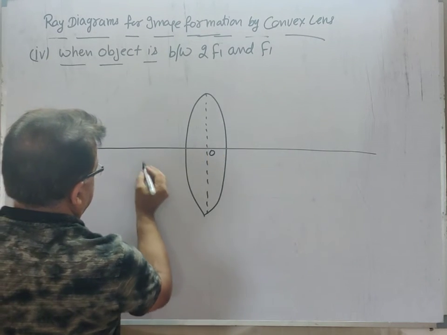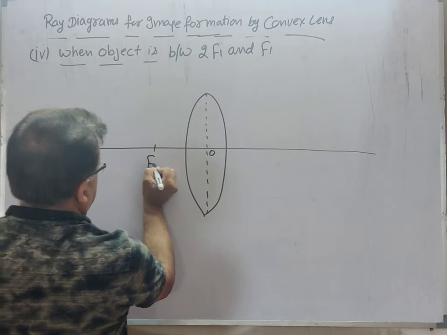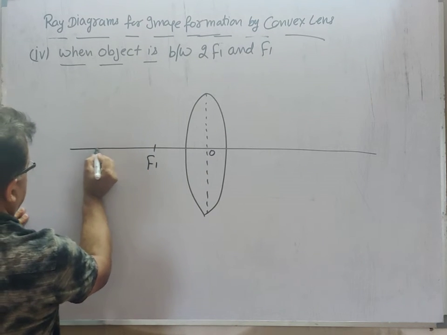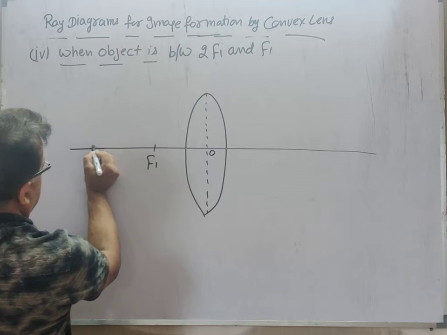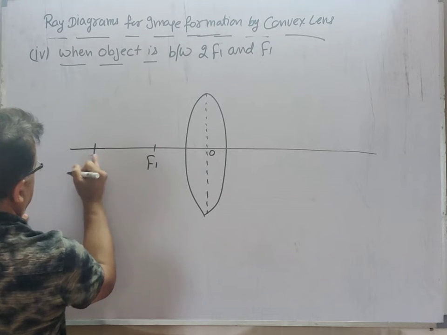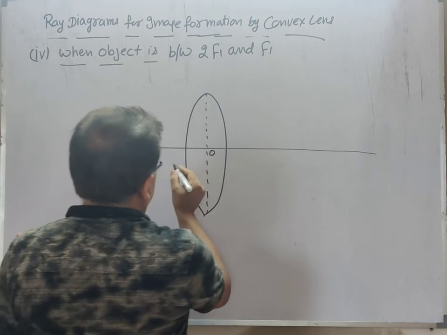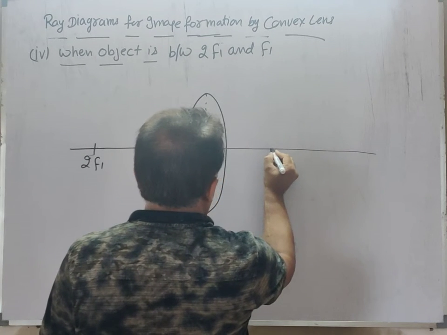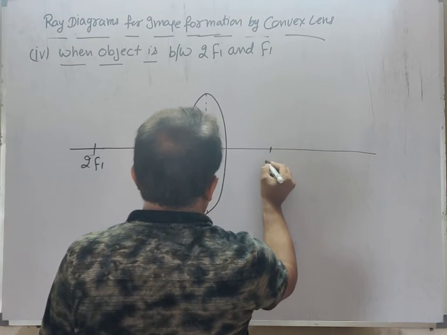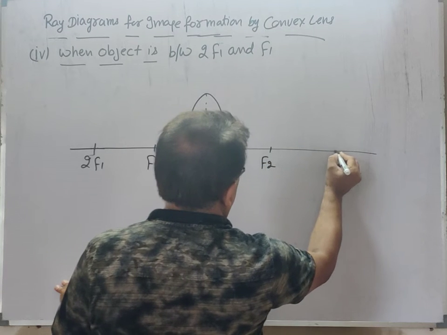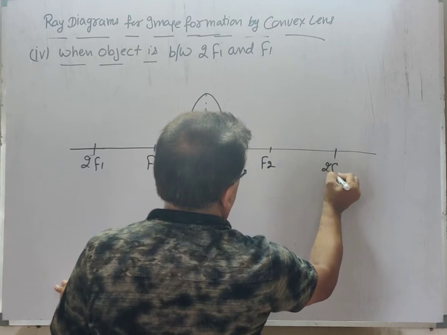Here is the optical center, f1 to f1, and on that side f2 to f2.